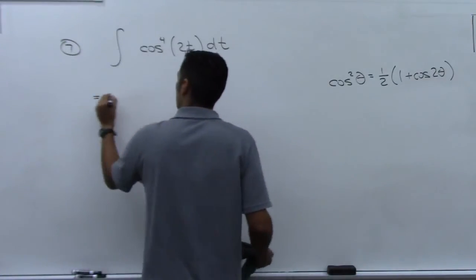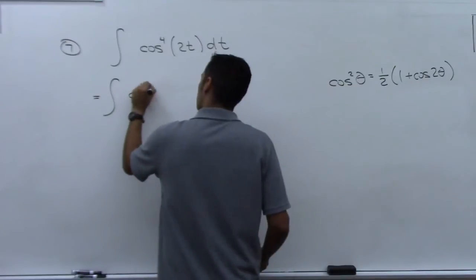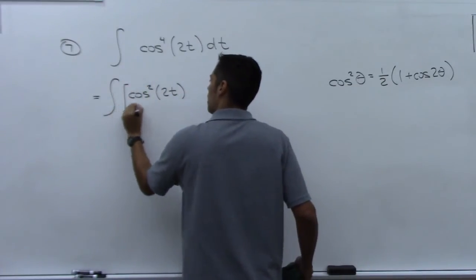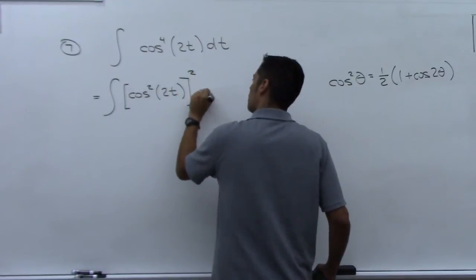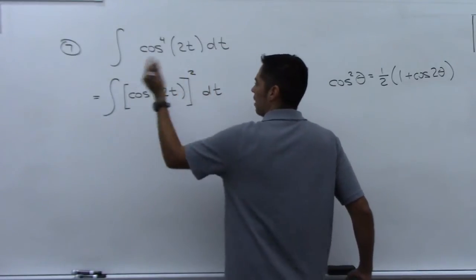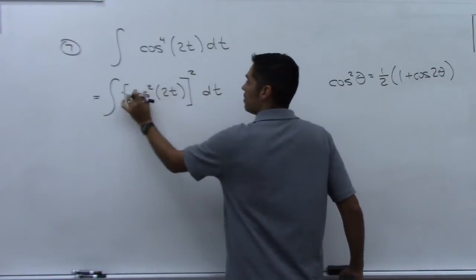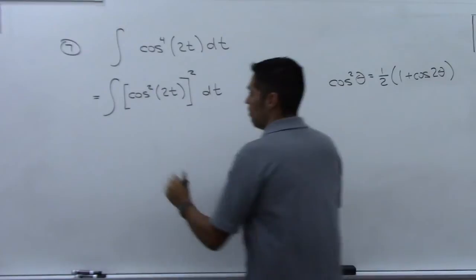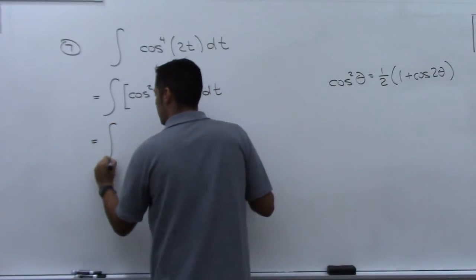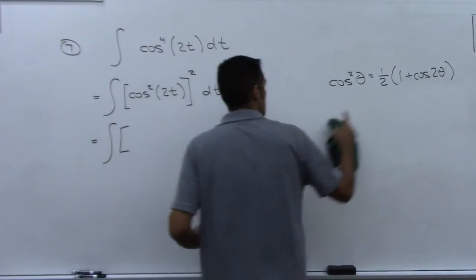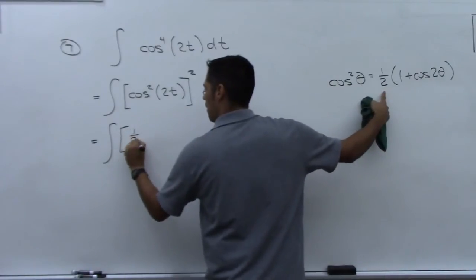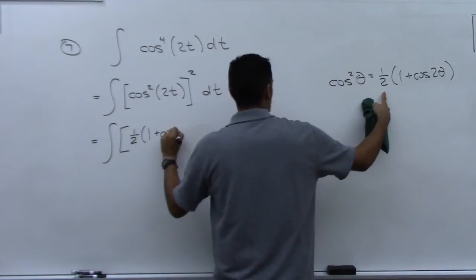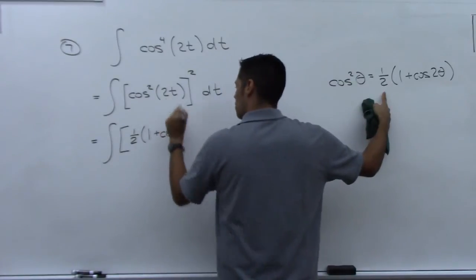So first of all, I'm going to rewrite this as cosine squared 2t, but then that's being squared. I could use parentheses, but I use brackets just for fun. So this thing squared, and then squared is to the 4th power. Now, we already know inside that bracket that we get a 1/2 times 1 plus cosine of 2t.